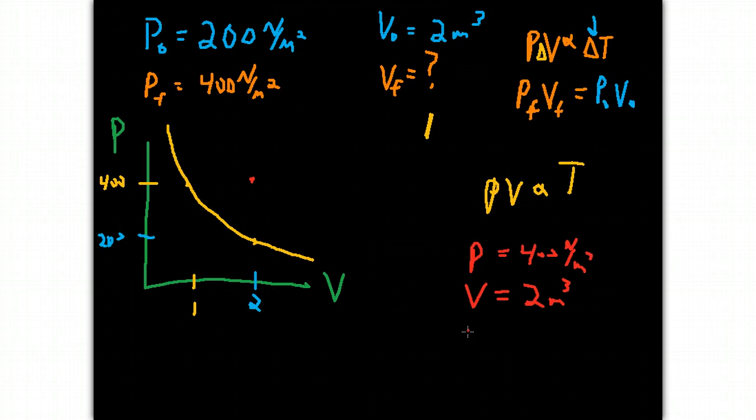And so then you could ask yourself, well, what will the pressure be when the volume is 1? So the pressure when the volume is 1 is just going to be 800. So it's going to be much, much higher. It's going to be all the way 600, 800. It's going to be somewhere up here. So you're going to get an isothermal reaction along this line.